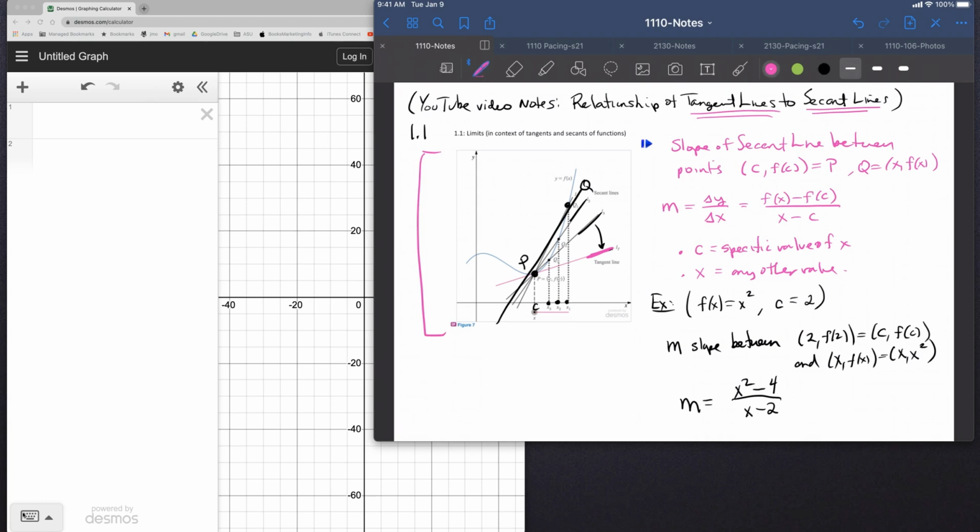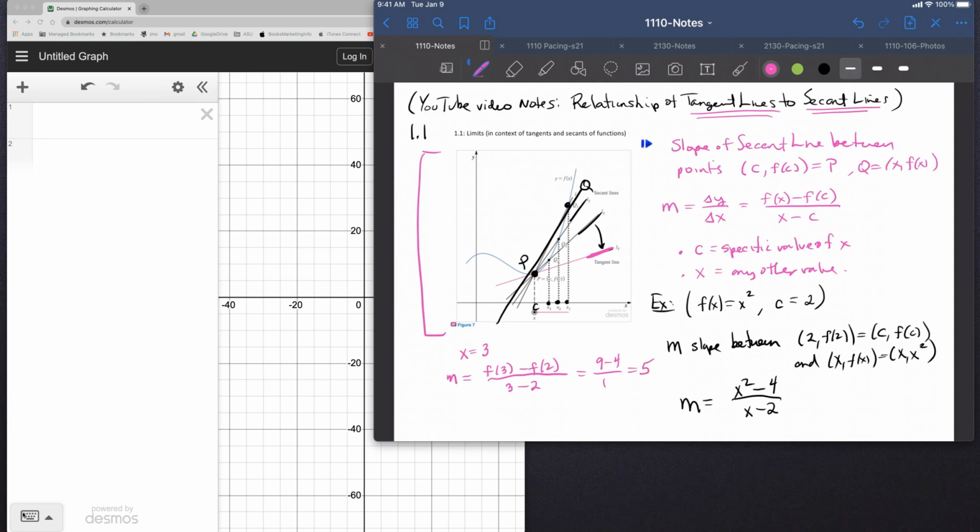If we try to create some specific values, for example, what if x was equal to 3? Then we'd have the value of the function at 3 minus the function at 2, over 3 minus 2, in which case the slope of the secant line would be 9 minus 4 over 1, which is equal to 5.